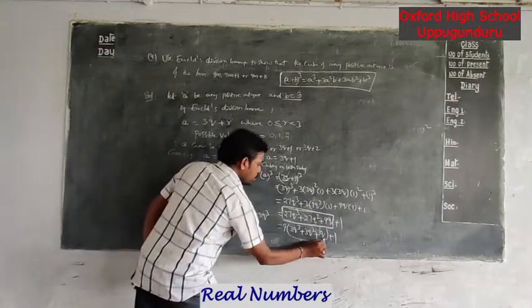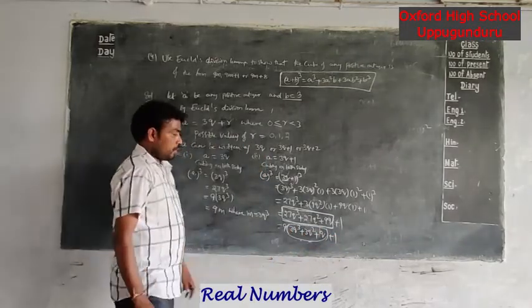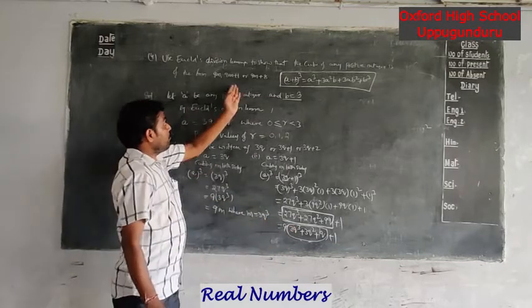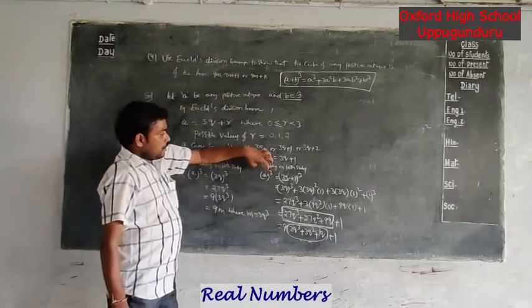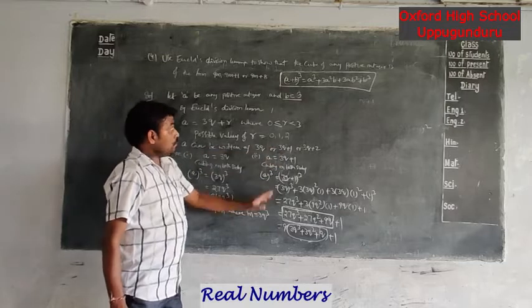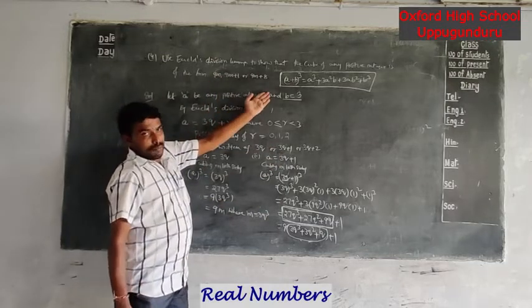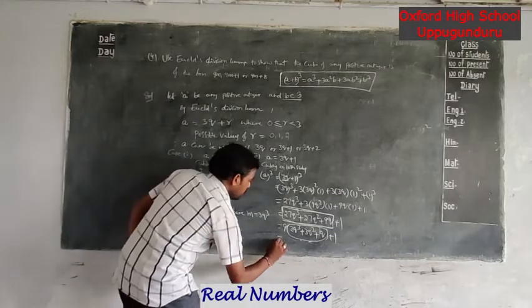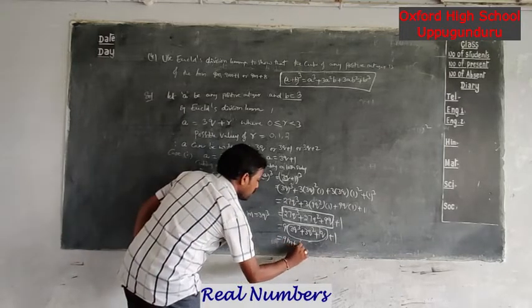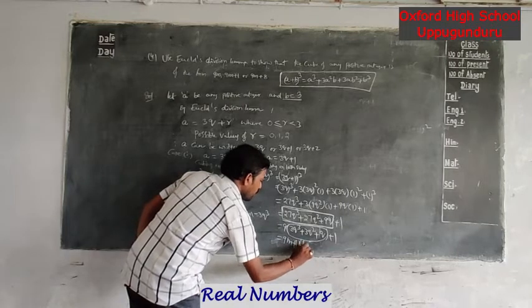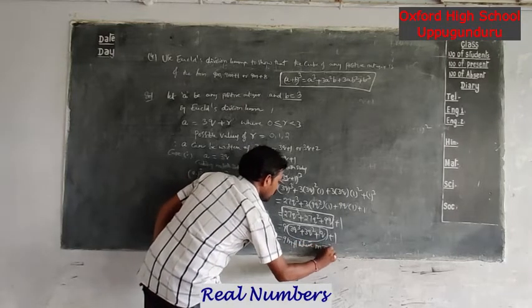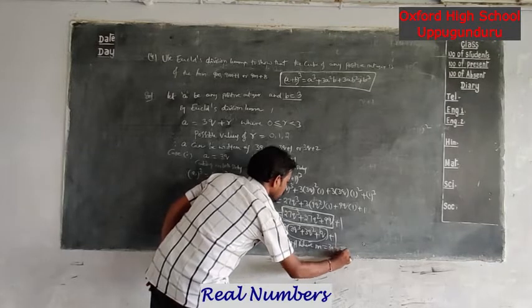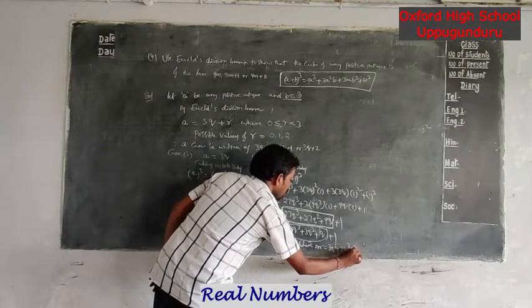In place of this total value, you assume it as m. Why? Because you have to express this cube of a positive integer in terms of 9m or 9m plus 1 or 9m plus 8. Now it becomes 9m plus 1, where m is 3q cube plus 3q square plus q.